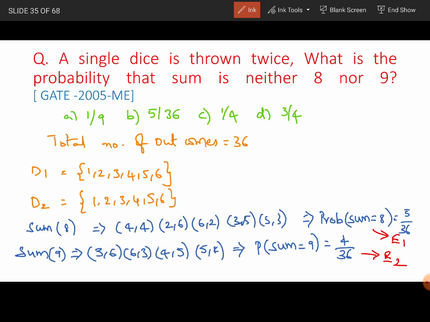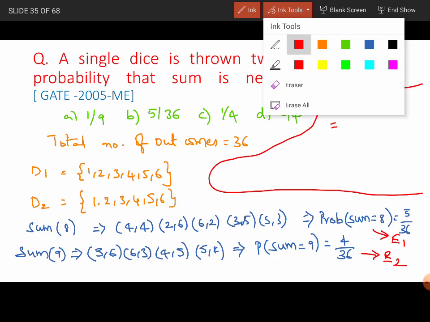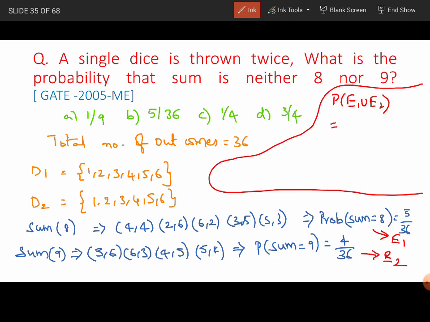So what is the probability of event 1 union event 2? Event 1 is 5 by 36 plus event 2 is 4 by 36. You get 9 by 36, which is equal to 1 by 4.